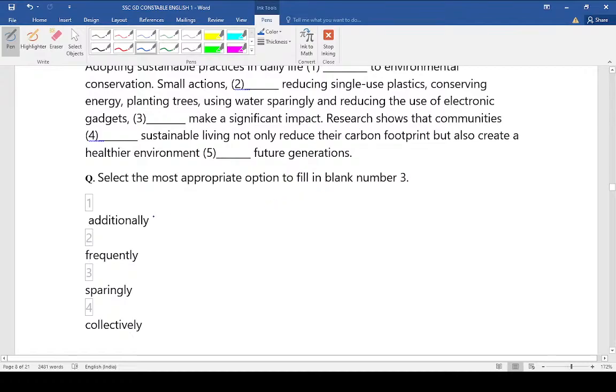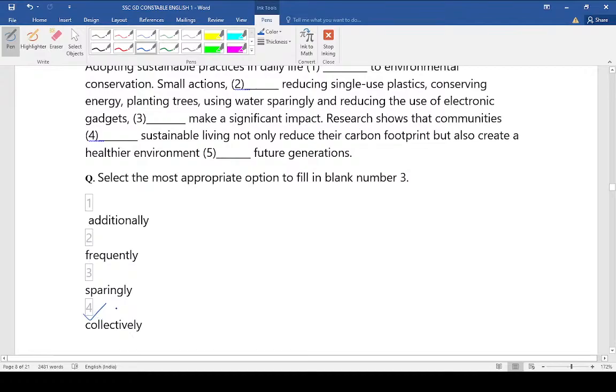Additionally means apart from that we are adding something, and frequently means repeatedly. Sparingly means sometimes, and collectively is nothing but together. So what will be the correct answer? Collectively make a significant impact.